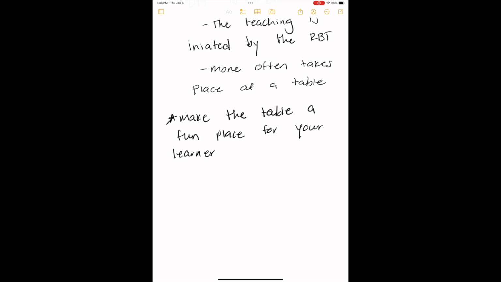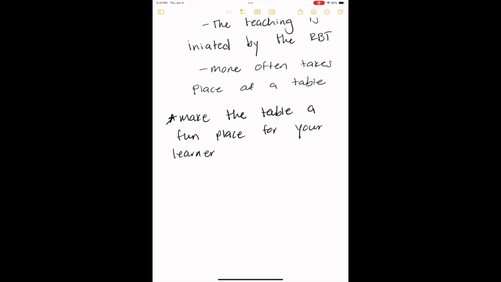And you're gonna give them a very simple SD, right? Put in, and that would be DTT, right? You're doing that at the table. It's a program that you're running at the table, and you're teaching them how to sort shapes into a shape sorter.